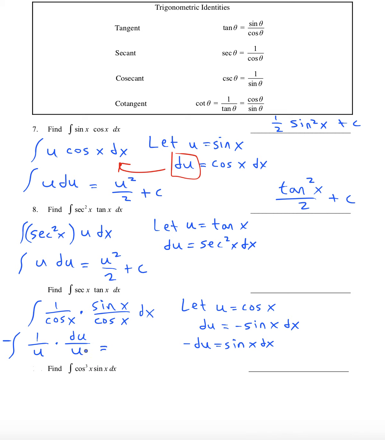Alright, that's going to have an antiderivative of 1 over u plus c. And so we will have 1 over cosine x plus c, or secant x plus c.